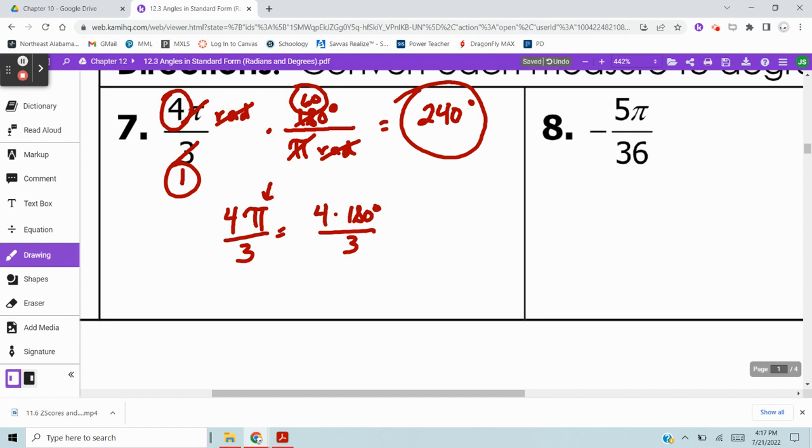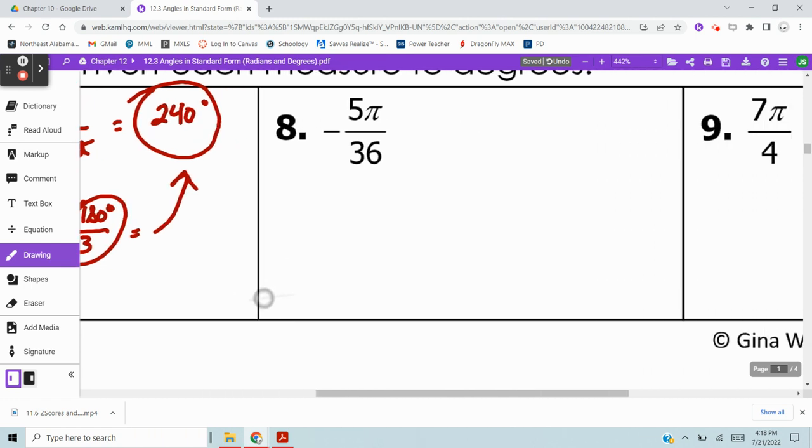What I like to do when I clean this up is I always divide first, which is legal. There's no plus or minus sign, so I don't have to distribute the 3. I can just do 180 divided by 3, and that would be 60. This would be 4 times 60, which is also 240. So again, the easier way is just take out the pi and plug in 180.